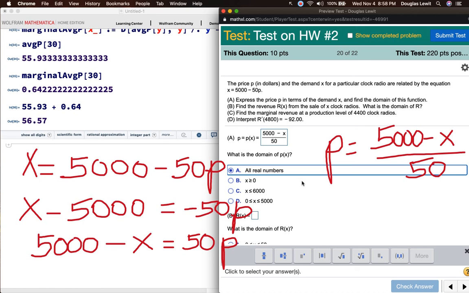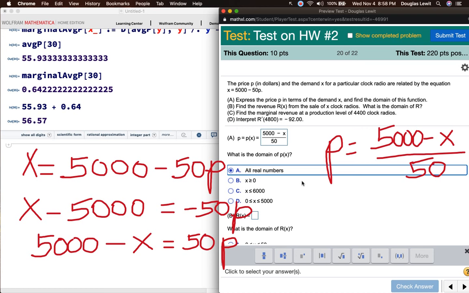What is the domain of x? X represents the demand for a certain piece of merchandise. So we know that x cannot be less than 0. It wouldn't make sense for there to be a negative demand, and the price cannot be negative.